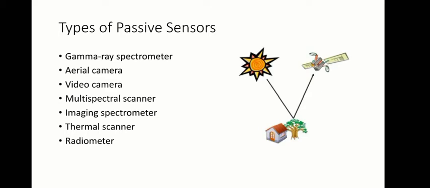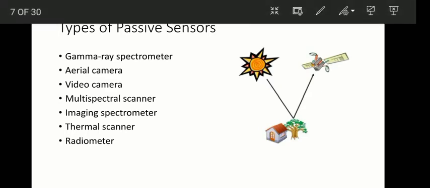Gamma rays have a very short wavelength, in picometers. Because of large atmospheric absorption of this wavelength, this type of energy can only be measured up to a few hundred meters above the Earth's surface. Example data acquired can be seen in the following figures, which I will show you in the next slides.